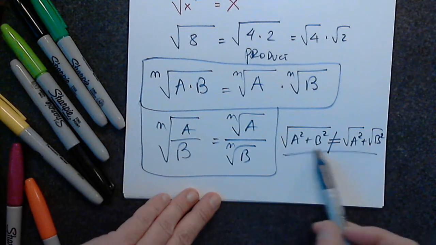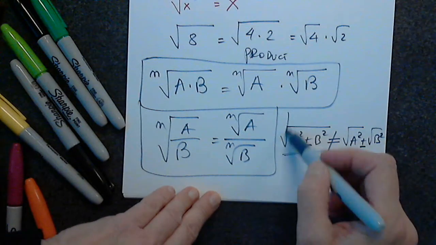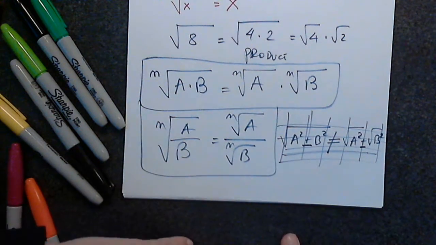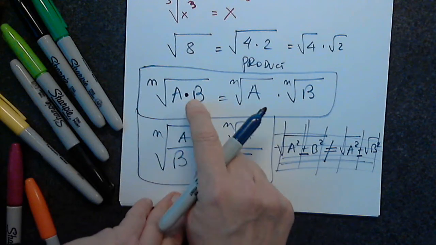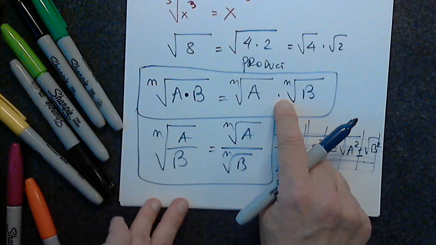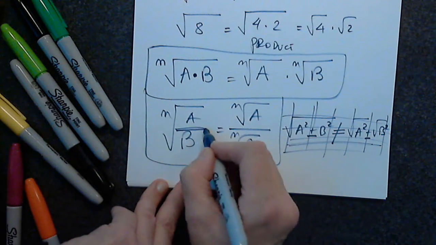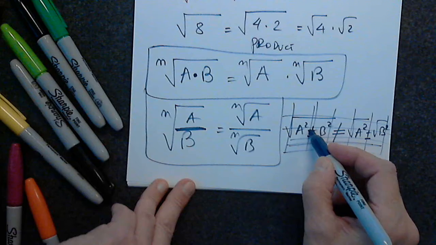This is not allowed. Or if you have minus here, that's not possible. This will be totally wrong. I can split the radical if the radicand, the quantity under the radical, is a product. I can split the radical if the quantity under the radical is a ratio or a division. But I cannot split when it's a sum or a difference.